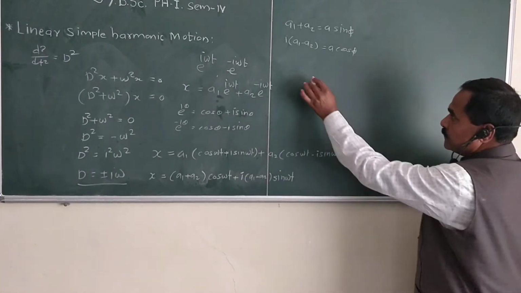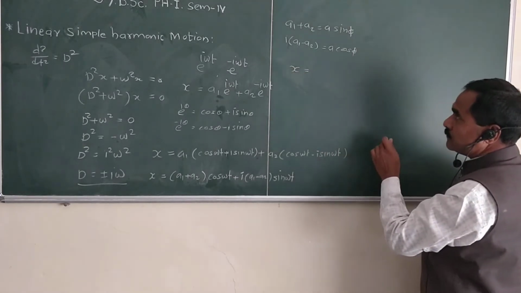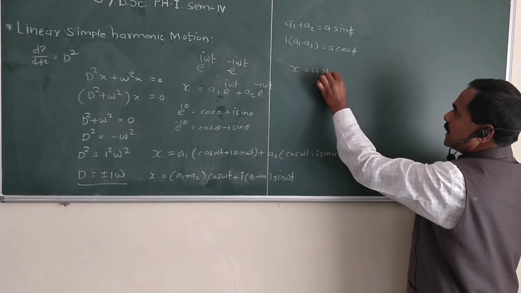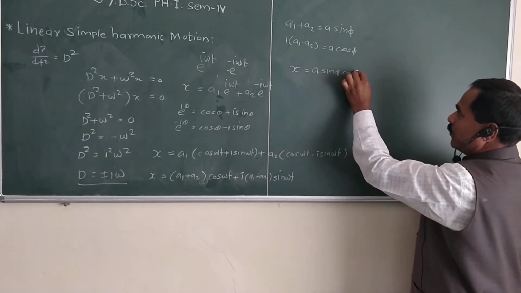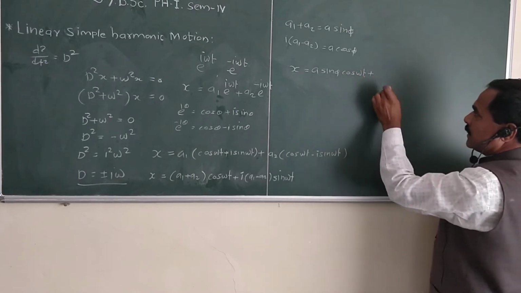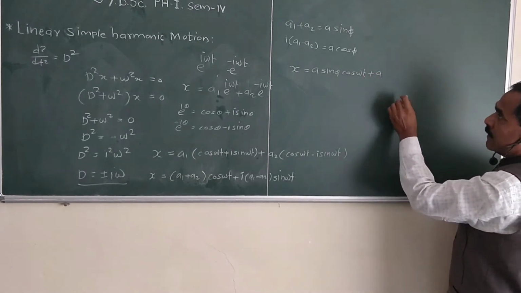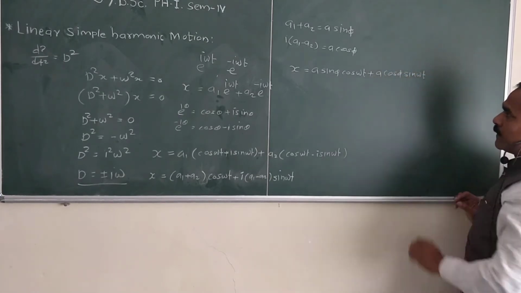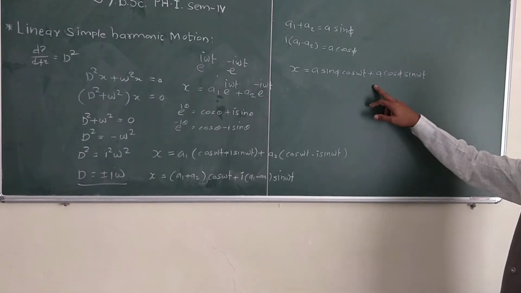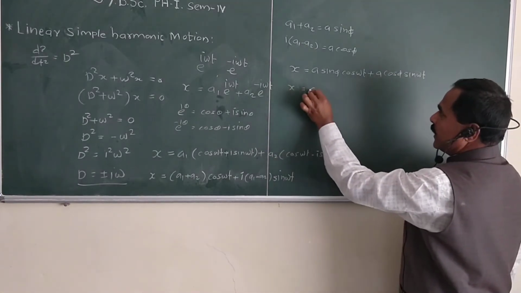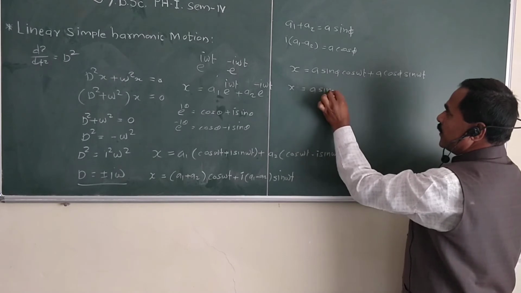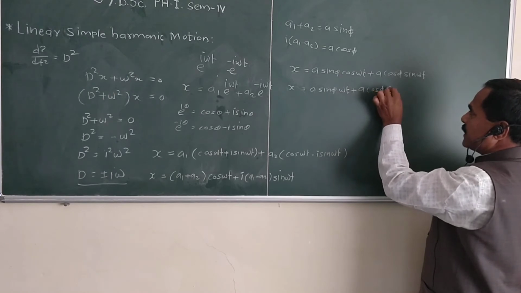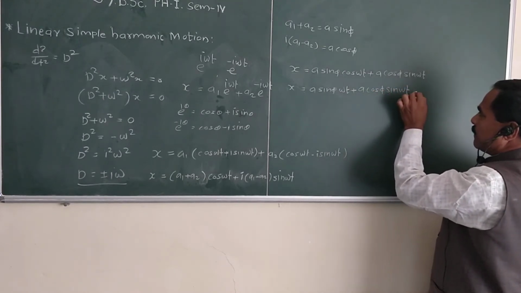So write the solution: x equal to A sin phi cos omega t plus A cos phi sin omega t, like this. Right?